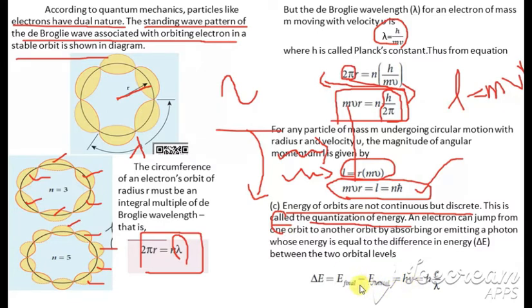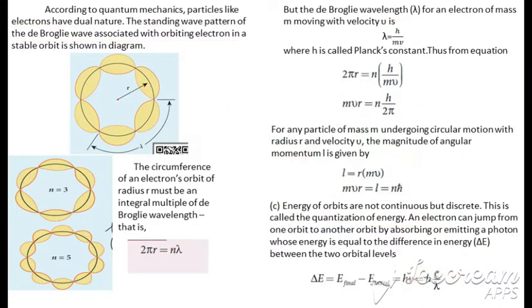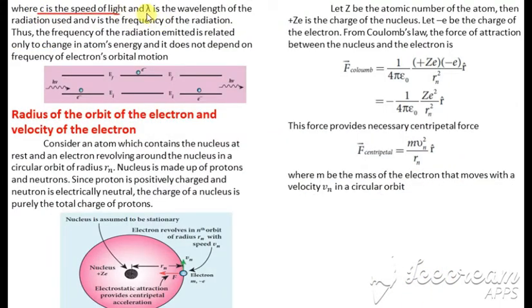And this difference is equal to h nu, because E is equal to h nu in the formula. So h into nu, where nu is equal to c divided by lambda. Here c is the speed, lambda is the wavelength, and nu is the frequency.